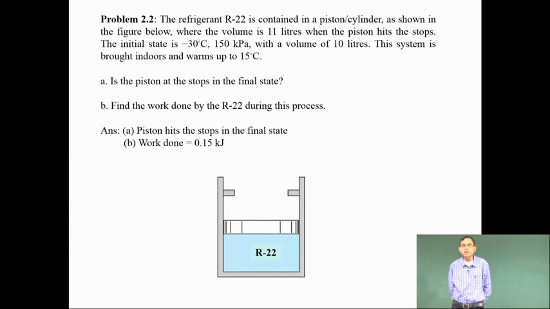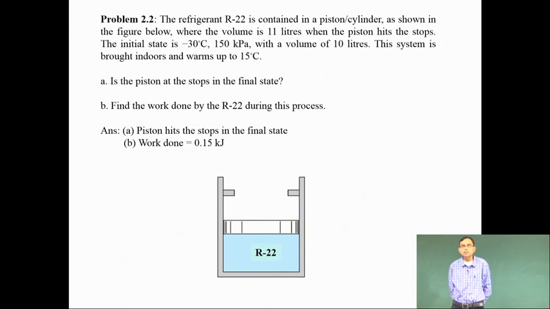So there is a refrigerant which is contained in a piston cylinder as shown in the figure, where the volume is 11 liter when the piston hits the stops. The initial state is minus 30 degrees centigrade and 150 kilopascal with a volume of 10 liter.